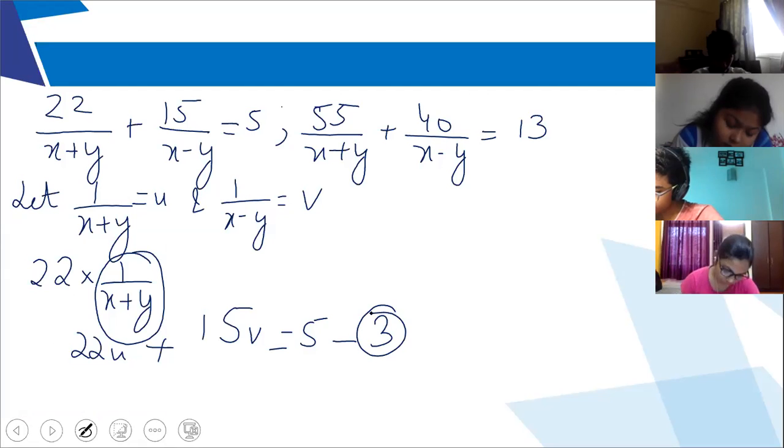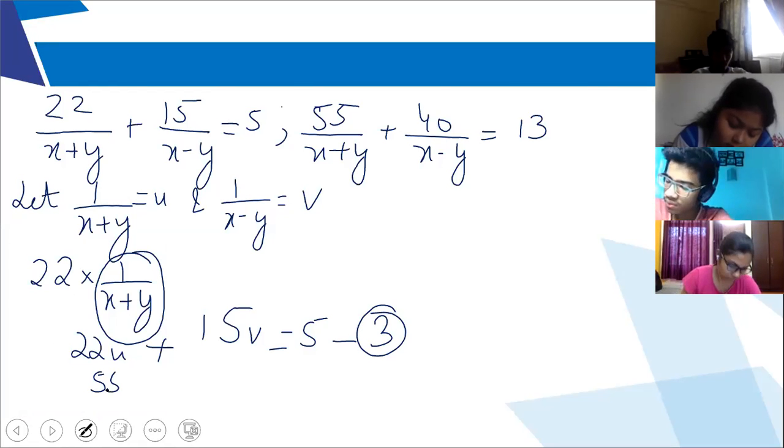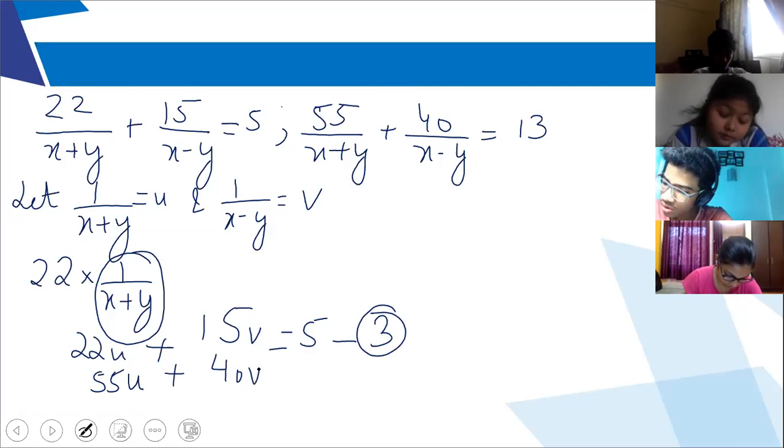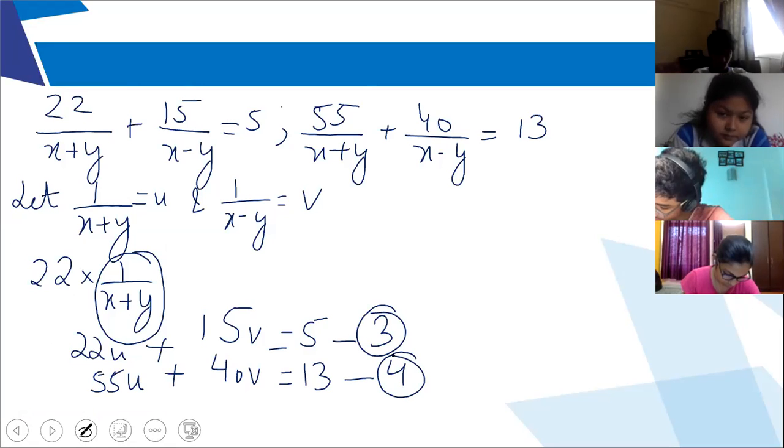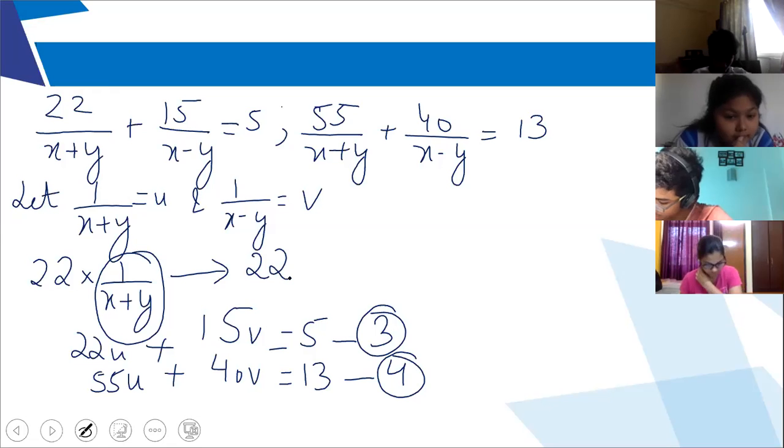Equation 4 is 55u plus 40v is equal to 13. Please note it down.